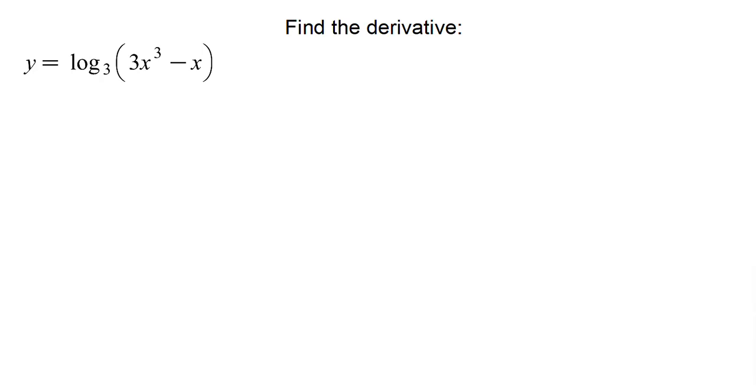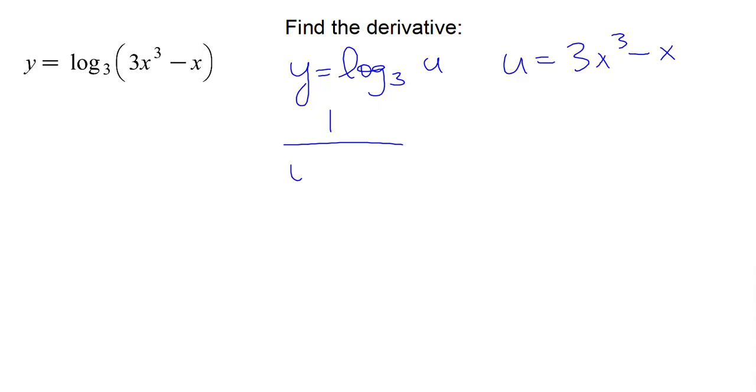All right, and our last one here, we should just be able to write this as y equals log base 3 of u, where u is 3x cubed minus x. So our derivative of log base 3 of u should be 1 over u natural log 3, just from the rule that we should have memorized.